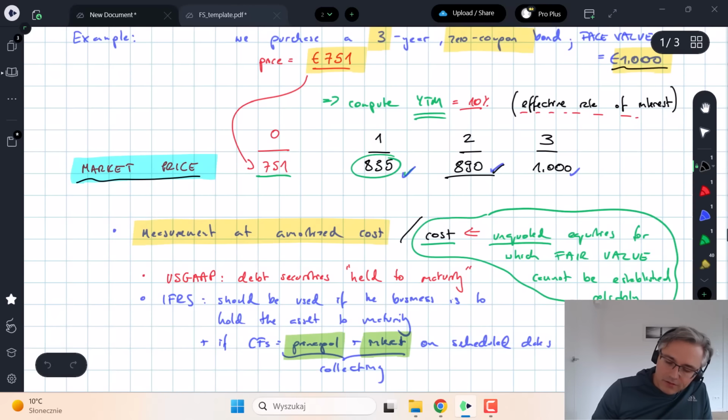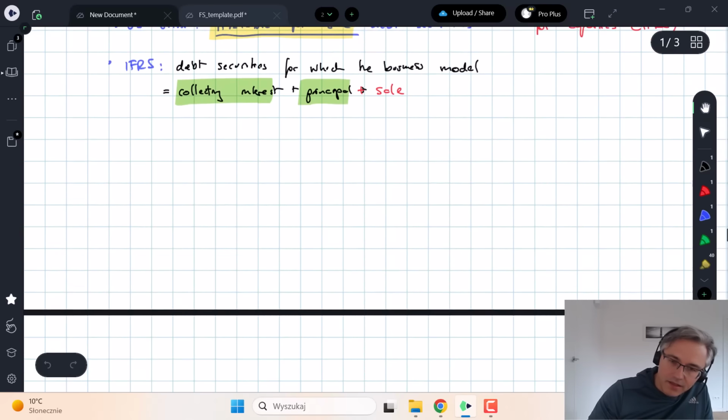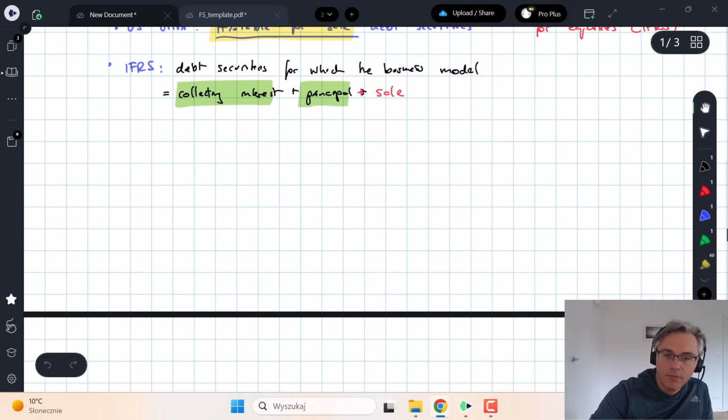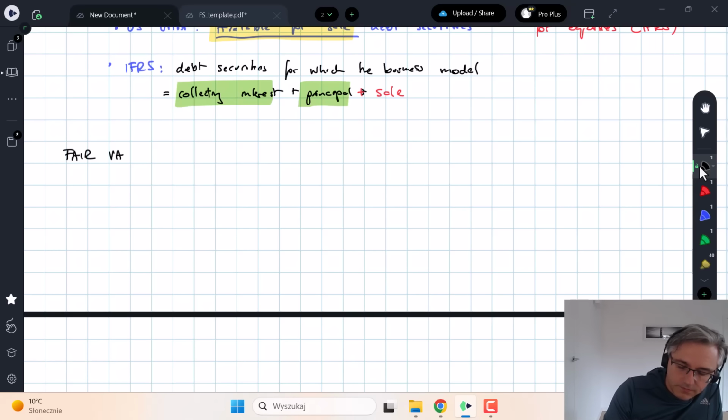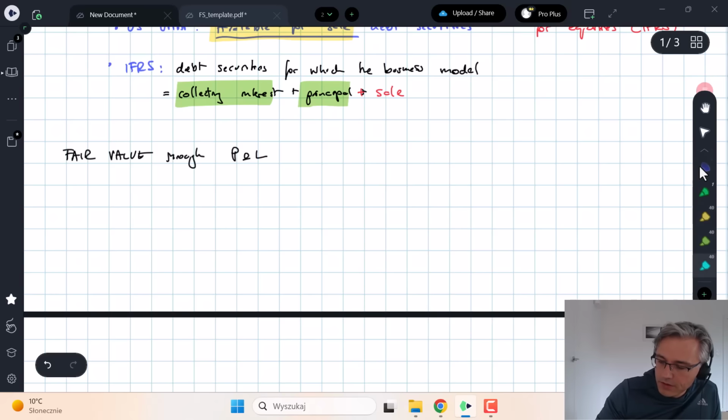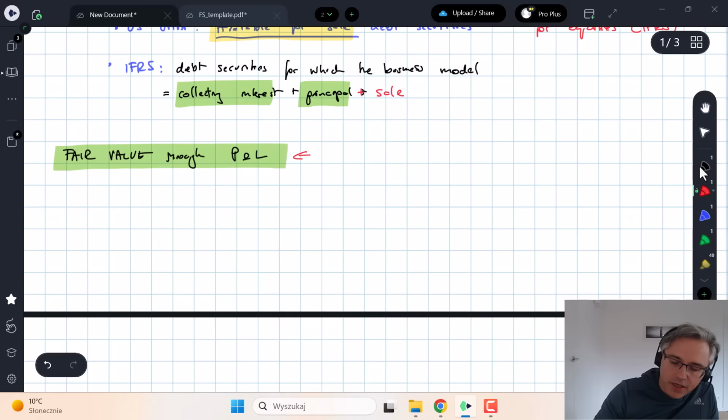Let's go back to the note and say that this approach, so fair value through the profit and loss account, is, first of all, the default category for equities.